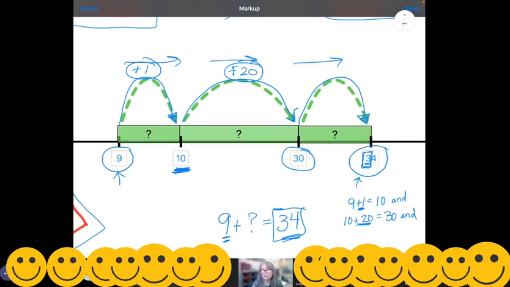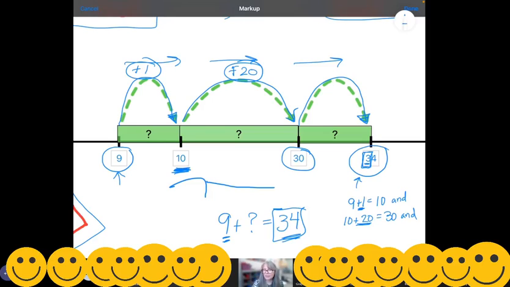And I'm not sure, it looks like Evan's got his hand up. Evan, unmute yourself. 30 plus what equals 20, I'm sorry, 34? 4. 4 is correct.